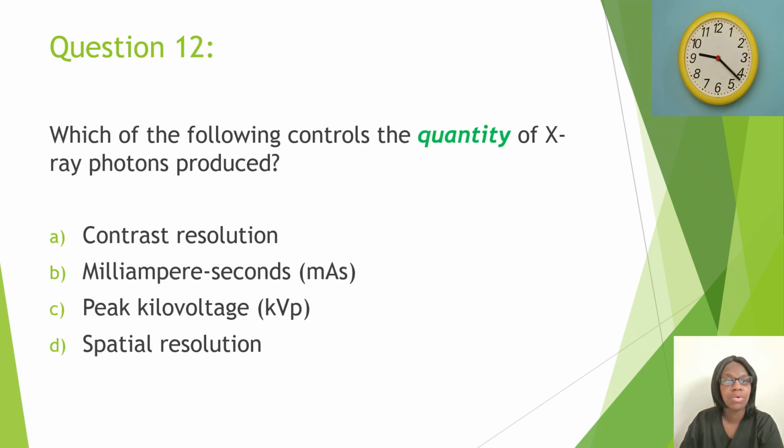Question 12. Which of the following controls the quantity of X-ray photons produced? Contrast resolution, milliampere seconds or mAs, peak kilovoltage or kVp, spatial resolution.